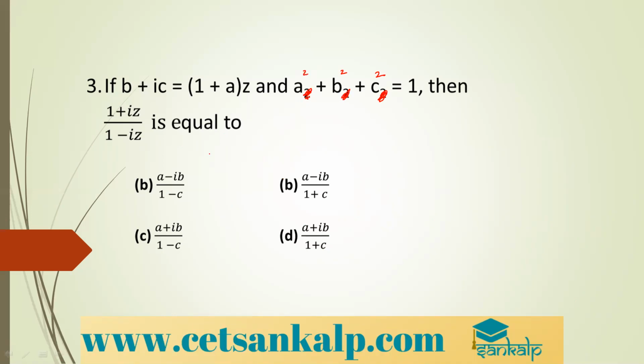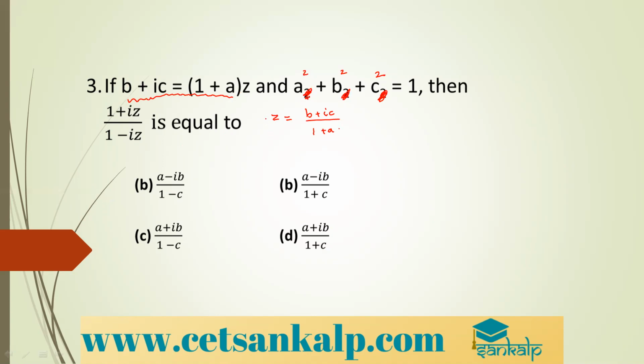Now, after looking at the question, I have to find 1 plus iz by 1 minus iz. So first I will take this given information and write z is equal to b plus ic by 1 plus a. So first of all, I got what is z.